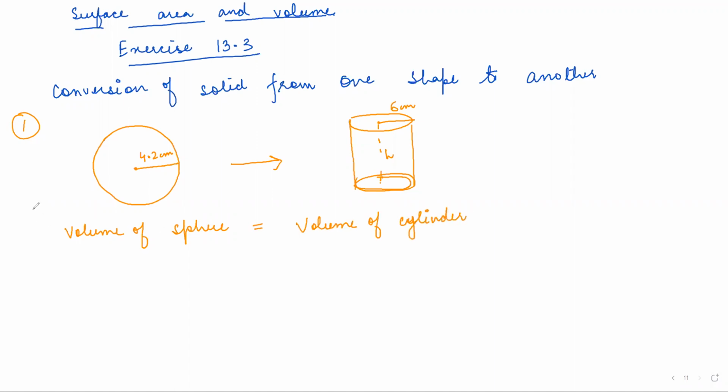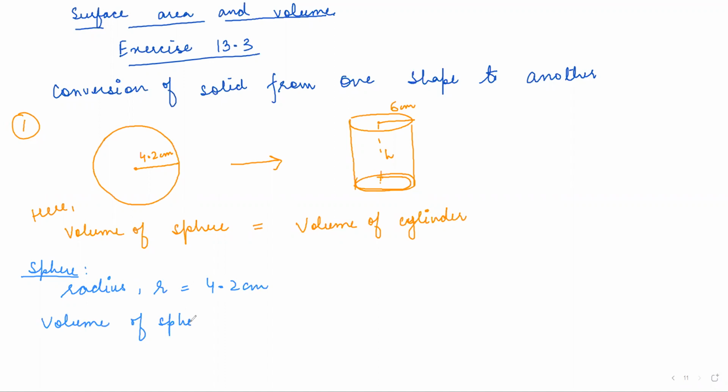One by one, let us find out. Or we can directly put the formula here. No, let's do it one by one. So write a heading, sphere. Now radius is small r, which is 4.2 centimeter. So what is the formula for volume?